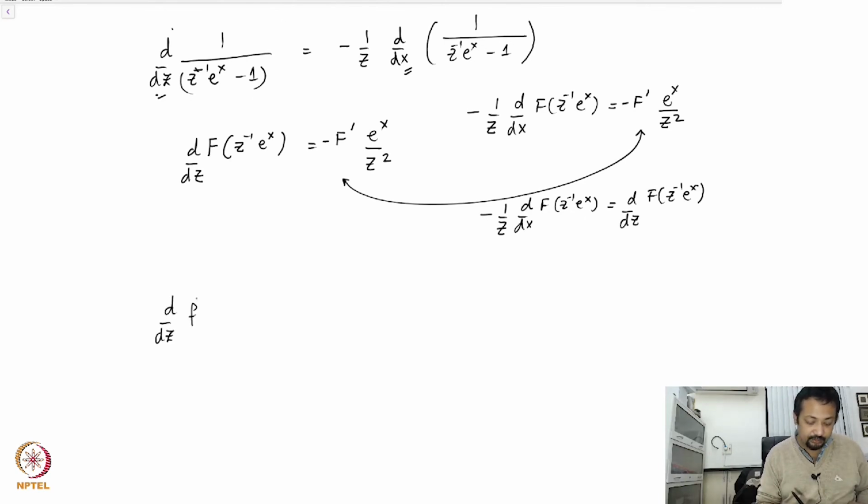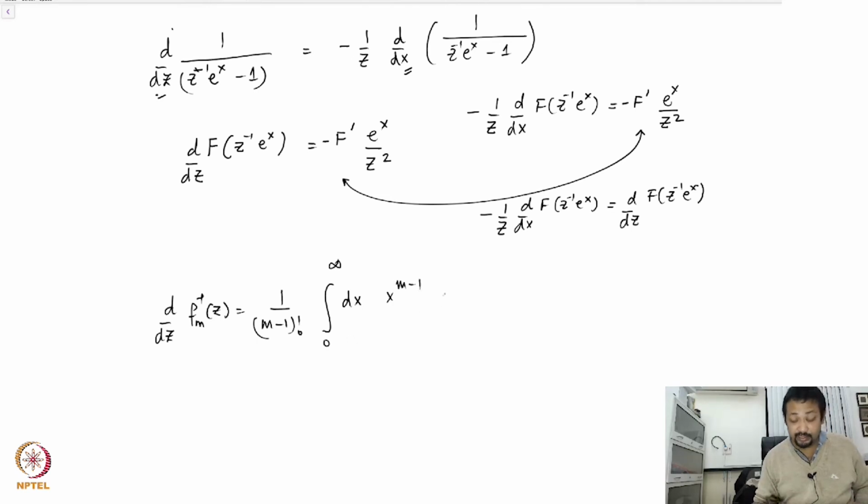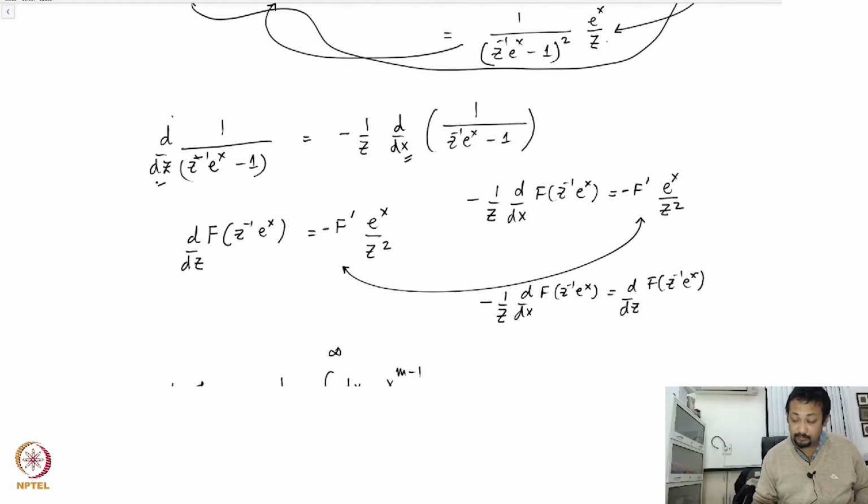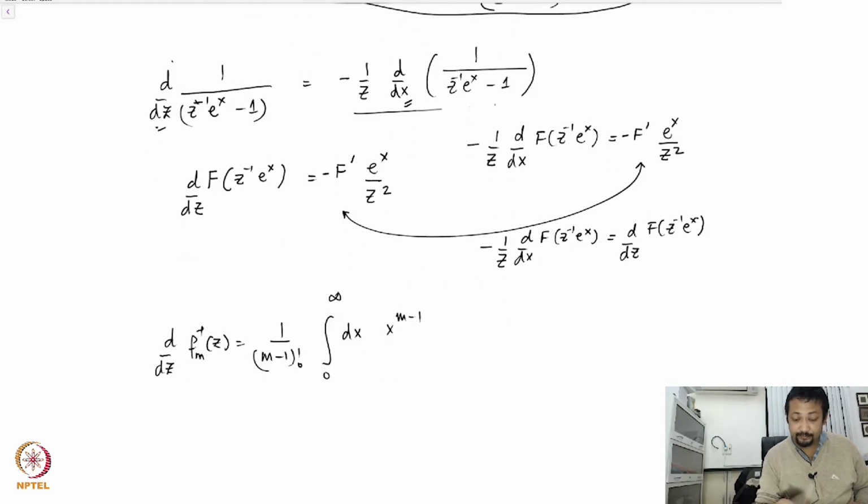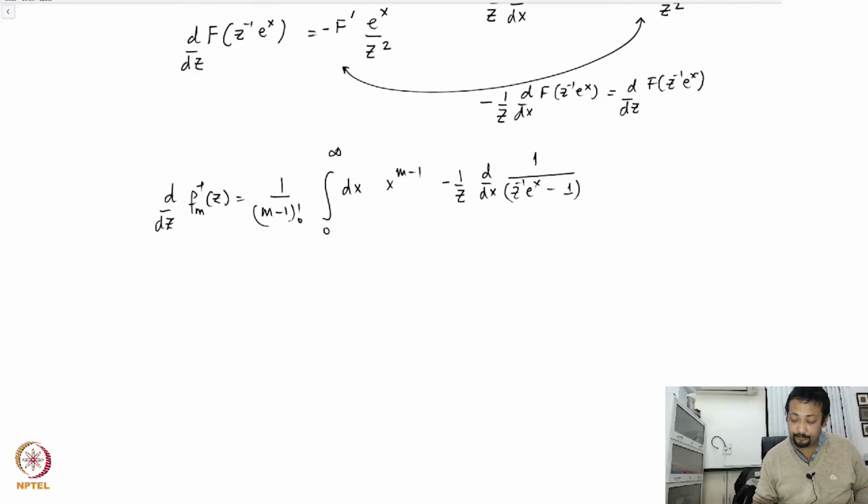d/dz of f plus m of z as 1 over (m − 1) factorial, integral 0 to infinity dx xᵐ⁻¹, and then I had a d/dz, which I can see is going to be minus 1 over z d/dx of 1 over (z⁻¹eˣ − 1).